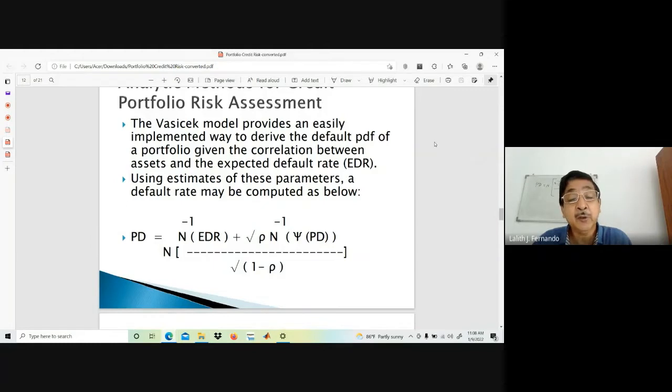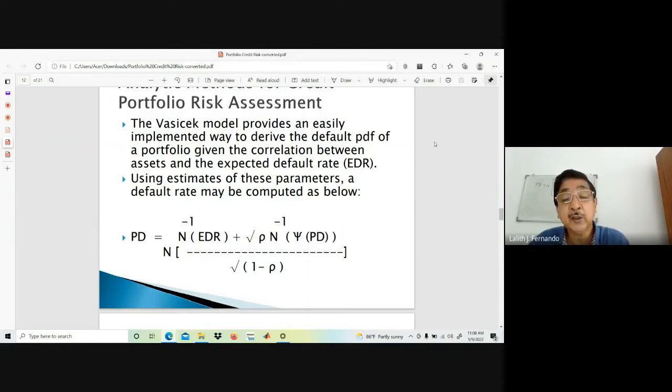And there would be an expected default rate also in the portfolio. But that expected default rate is not the portfolio default rate. It is the individual loans' default rate in the portfolio. So all the loans have the same EDR, and that EDR is distributed in a normal distribution. That is what it means.